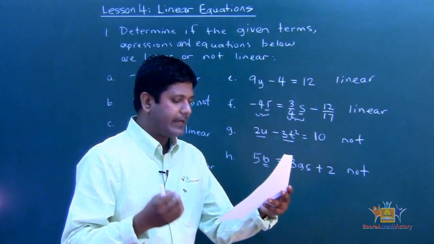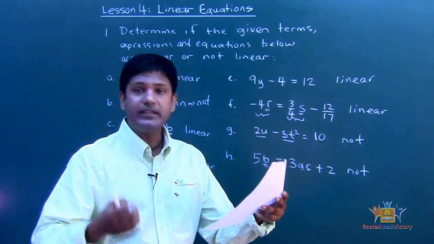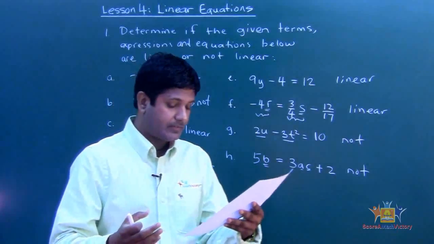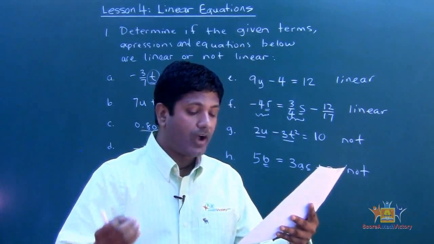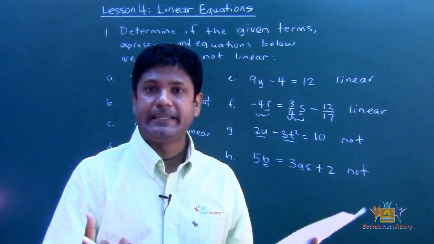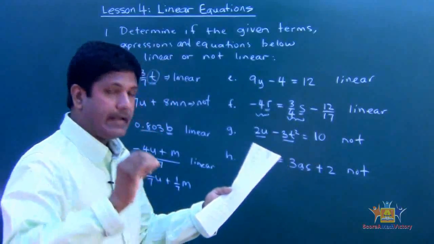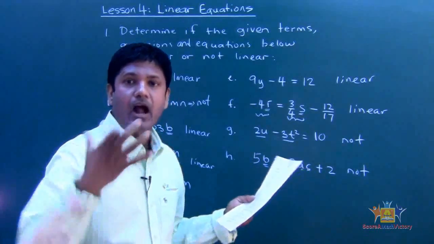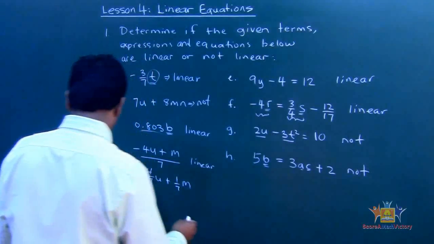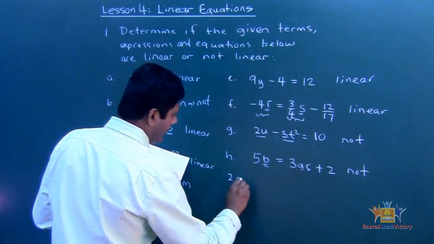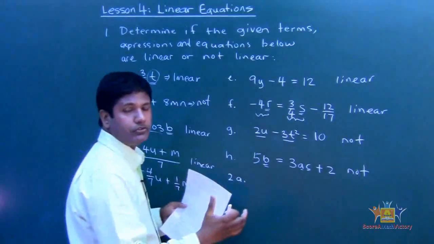Problem 2 says write an equation for each of the following statements. The first statement says double the number plus 5 equals 18. The number is the unknown, so you can assign any variable you want. So for problem 2a, we said double the number, so let's say m.